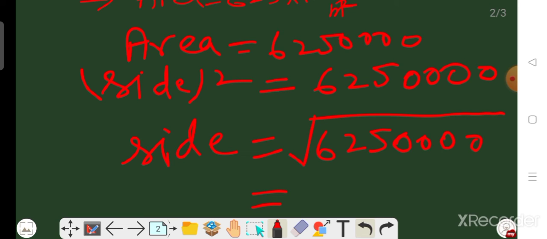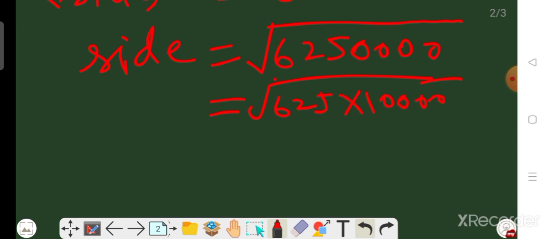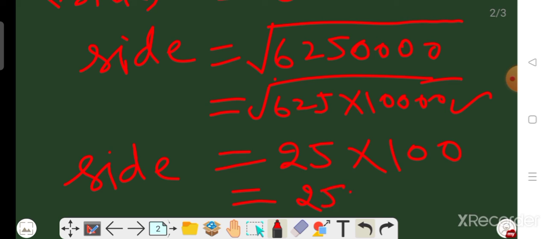So we can write this as 625 multiplied by 10,000, and we know that the square root of 625 is 25 and of 10,000 is 100. So from here the side of the field is equal to 2500 meter.